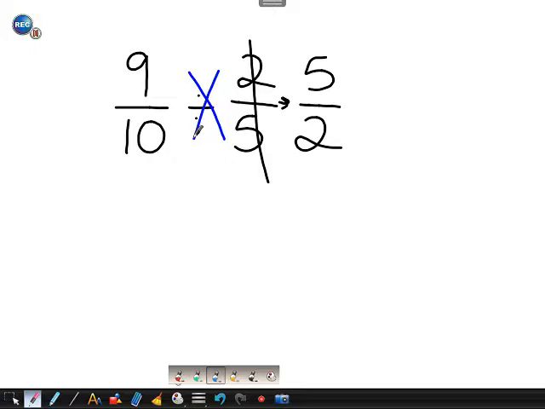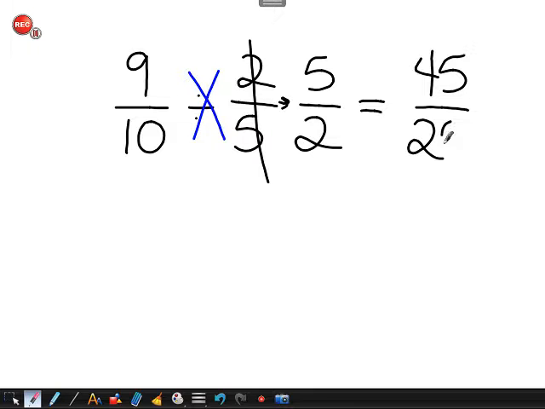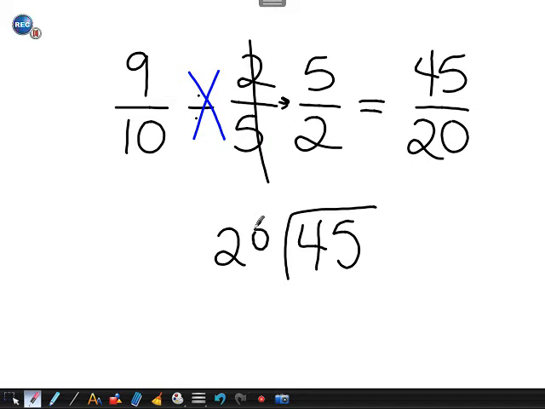So my new math problem is 9/10 times 5/2. 9 times 5 is 45. 10 times 2 is 20. And we need to fix our answer. So same thing, top in the box. 45 divided by 20.